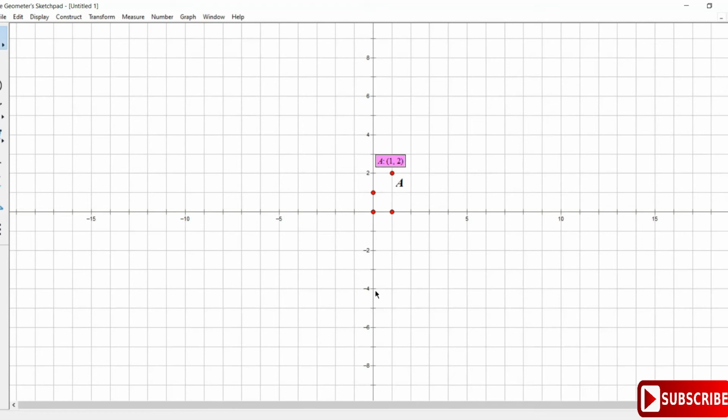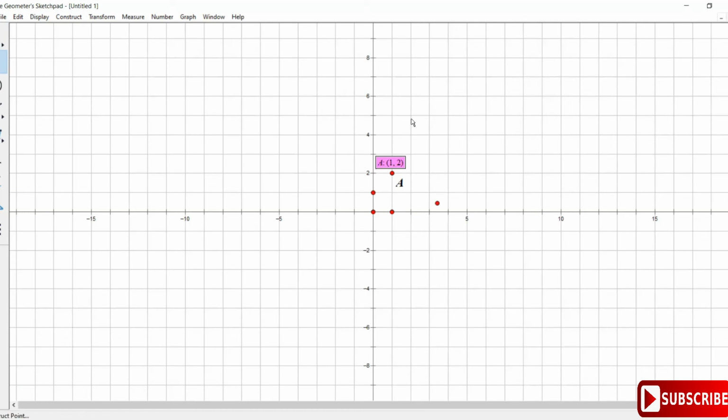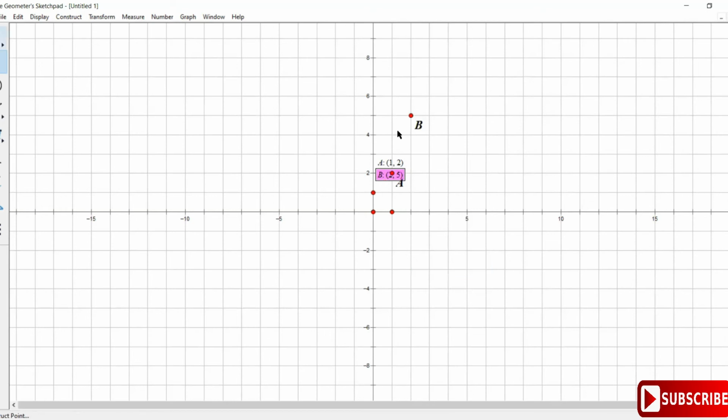Then B was the point 2, 5. So let's go ahead and put on 2, 5. That is B. And AB, going from A to B, would be this.